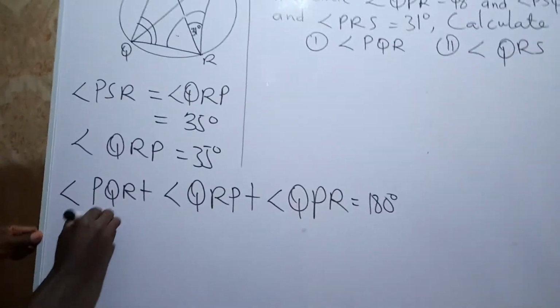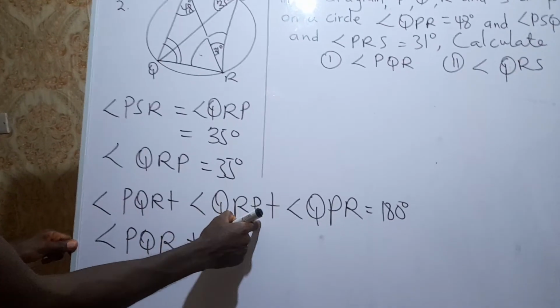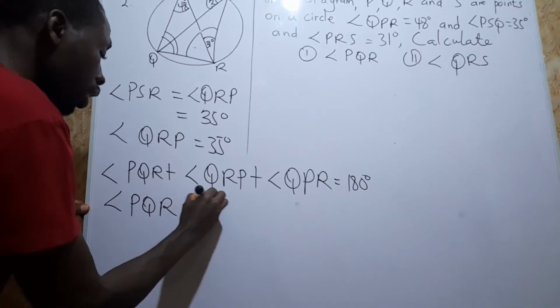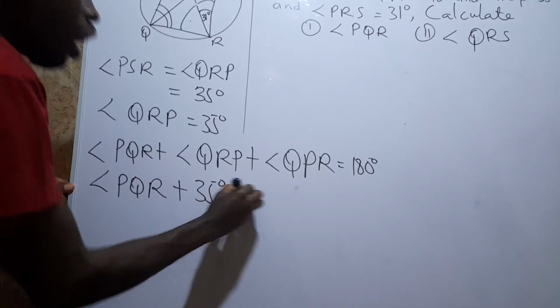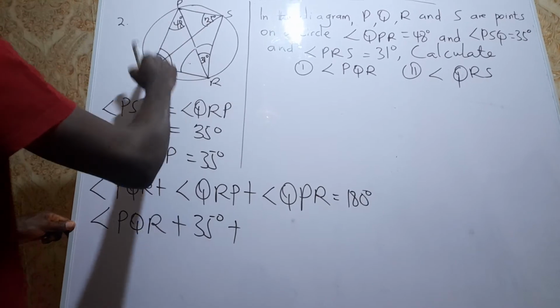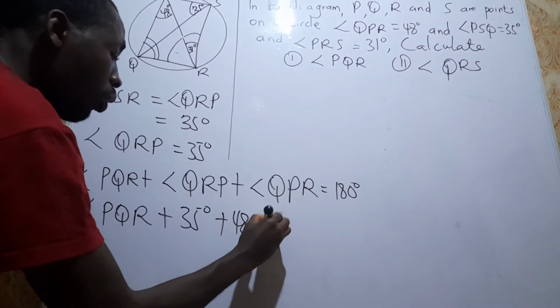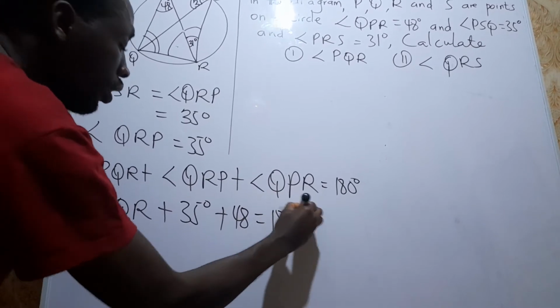So angle PQR, we don't know. That's why we are finding. Angle QRP is 35 degrees, and angle QPR is 48 degrees. That will be equal to 180 degrees.